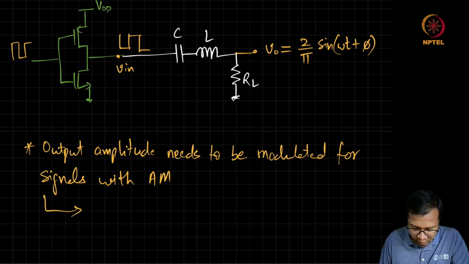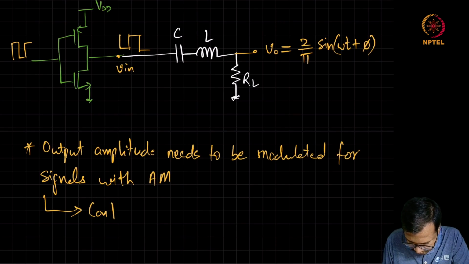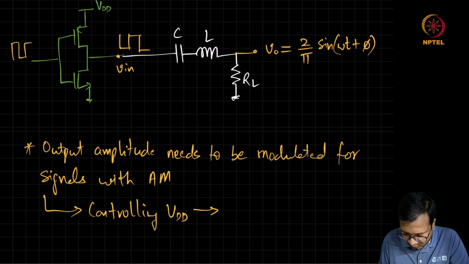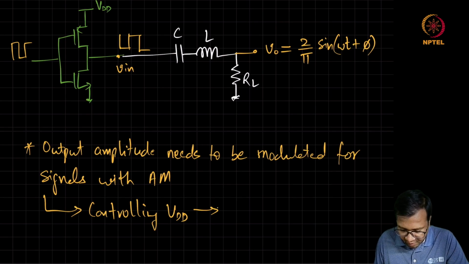One way to do the amplitude modulation is by controlling the supply, and that can result in extra loss.